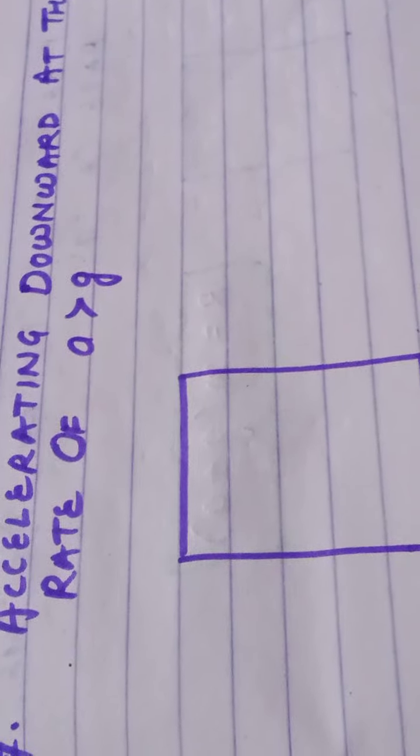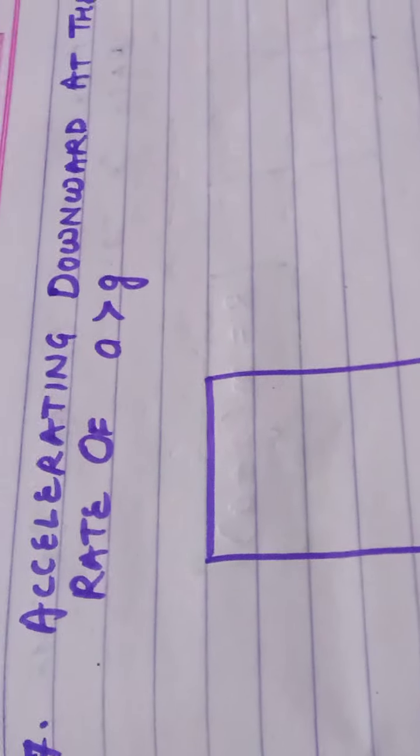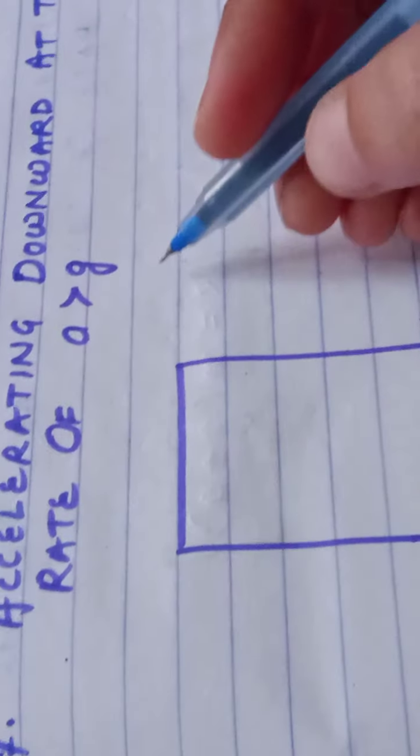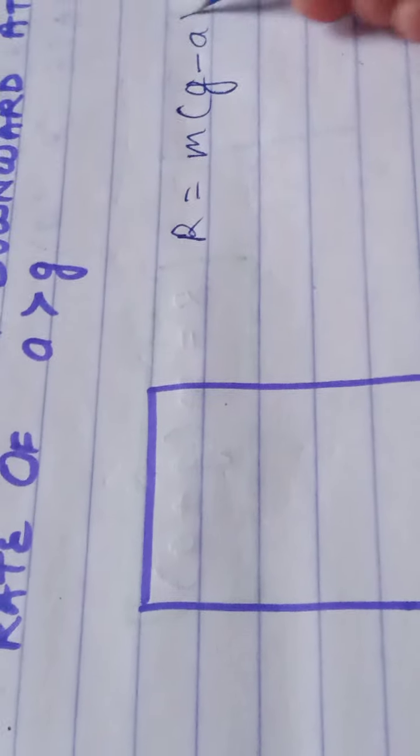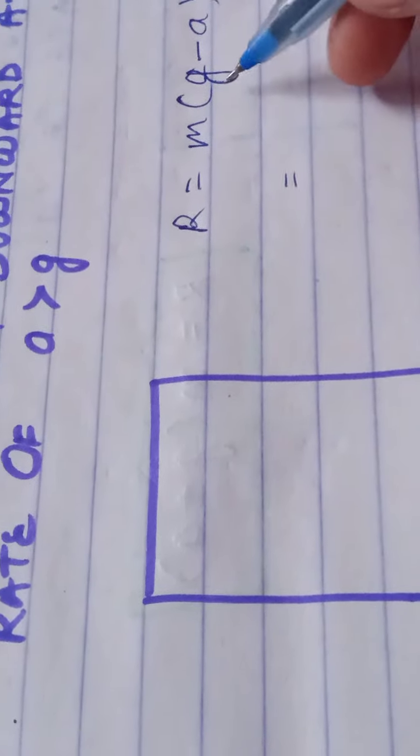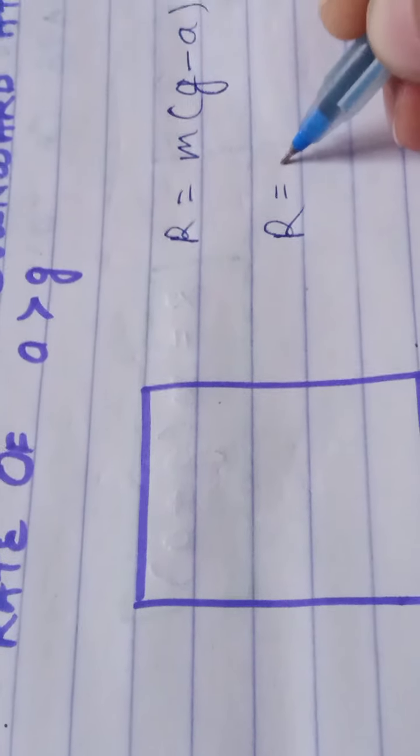And the last condition is accelerating downward at the rate of a greater than g. R is equal to mg minus a. So for this, R is always negative.